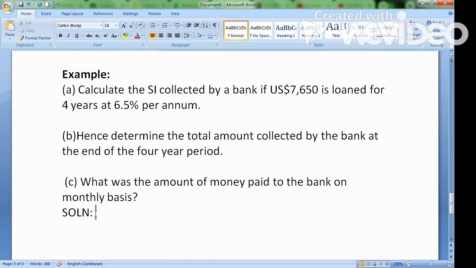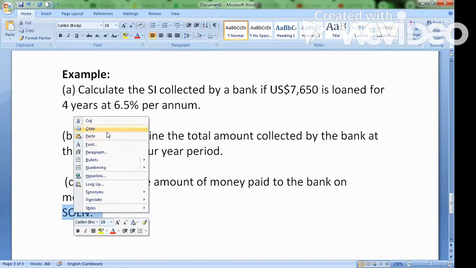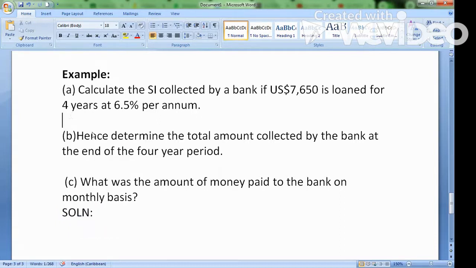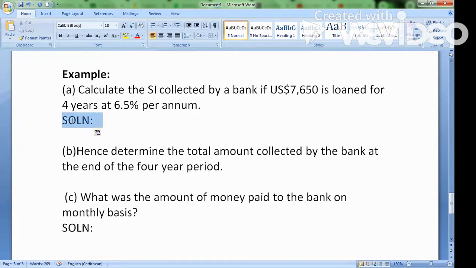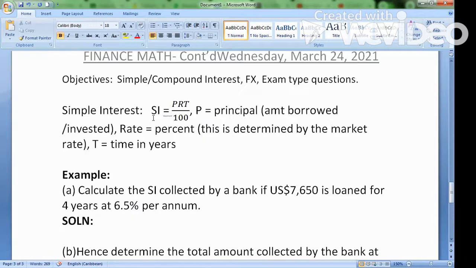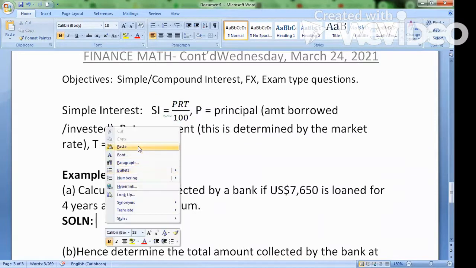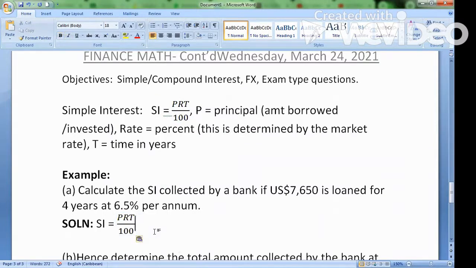All right, let me just put the solution right in that slot there. To calculate the simple interest, we're going to use the what? The simple interest formula. So what is the principal?